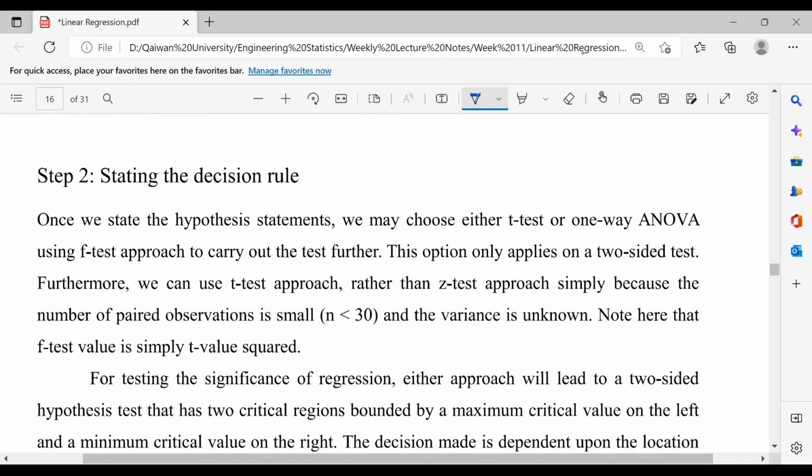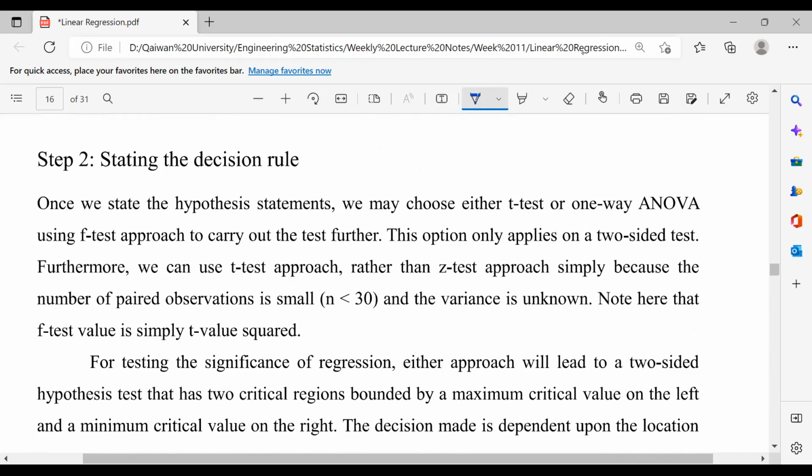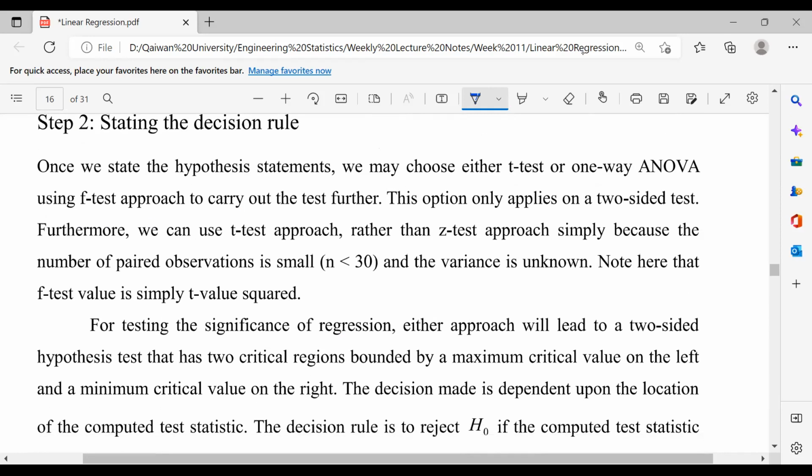And in step 2, we are setting the decision rule. Here in this step, we choose the method for finding the test. Here we have 2 methods, which are t-test or one-way ANOVA. We use either of these ways for finding the test statistic.